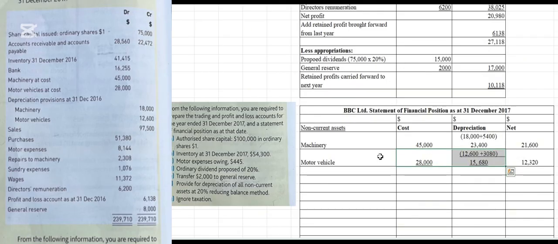We can total these. 73,000, 23,400 plus 15,680 gives us 39,080. We're going to double line these figures because we won't be using these two figures anymore. However, we'll be using our net book value figure for the remainder of this balance sheet.